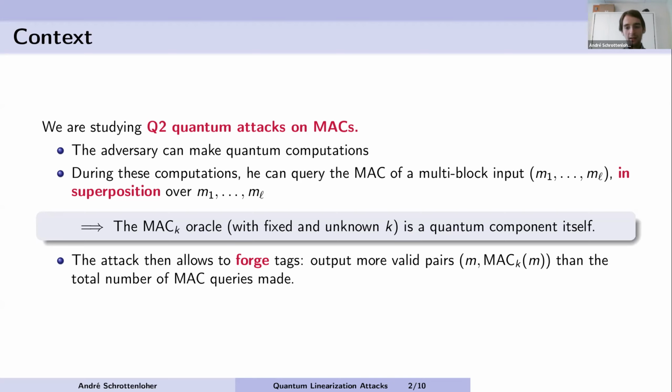In this attack, our goal is to forge tags, so these are forgery attacks. This means that the adversary at the end of these computations is able to output more valid message-MAC pairs than the total number of MAC queries that the adversary made. So you have a computation making a number of superposition queries, and then in the end outputting many tags.